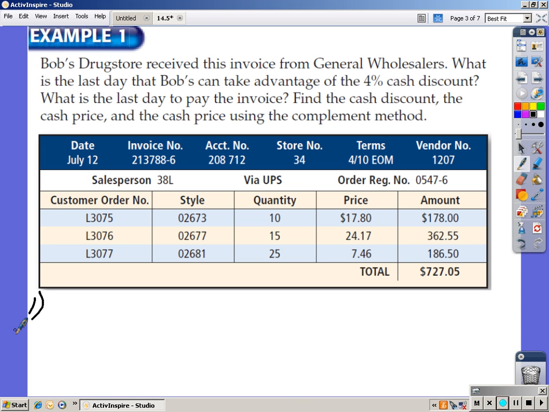The first question says, what is the last day Bob's can take advantage of the 4% cash discount? Okay. The invoice is dated July 12th. The terms are 4/10 end of the month.